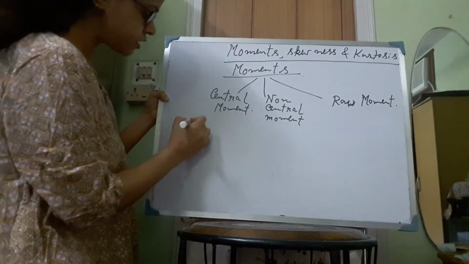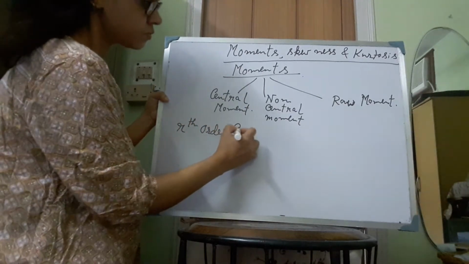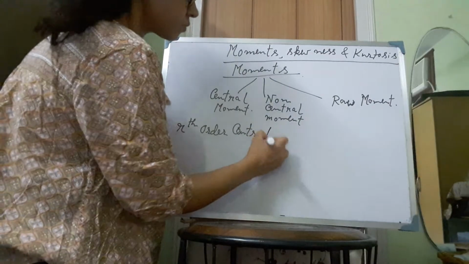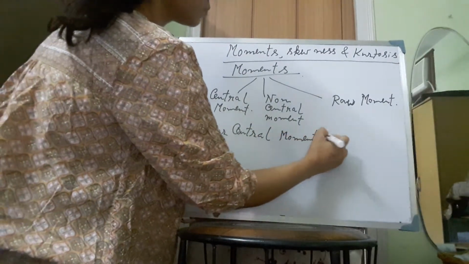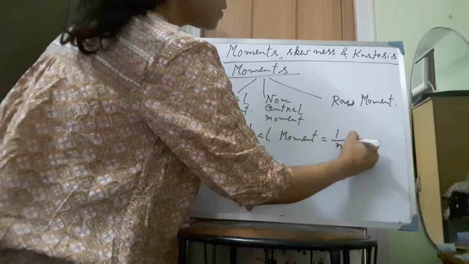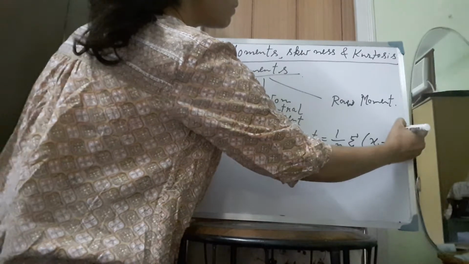Now rth order central moment can be defined as 1 by n summation of xi minus x bar whole to the power r.